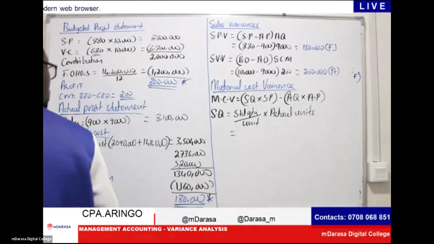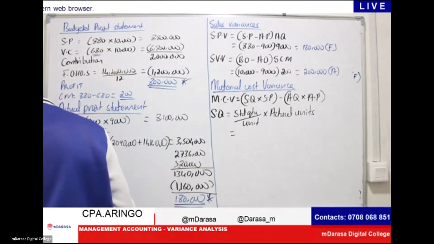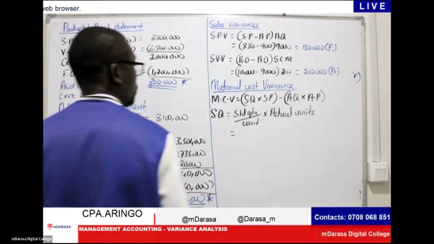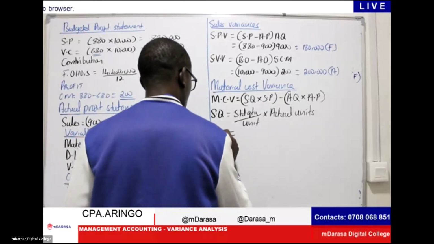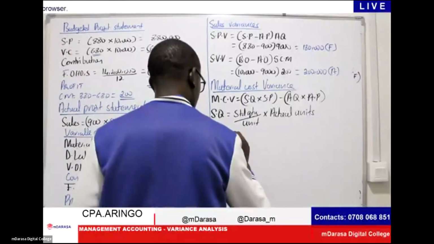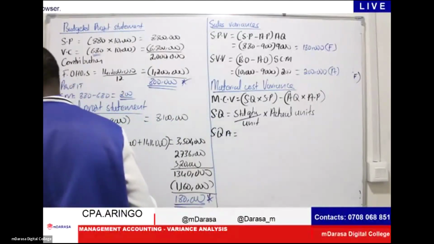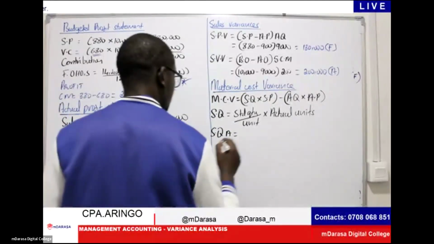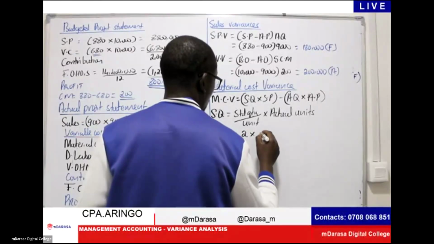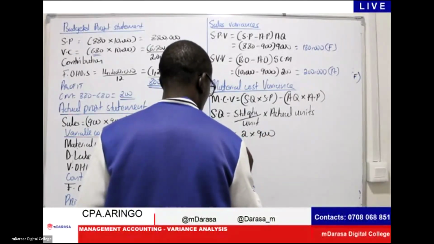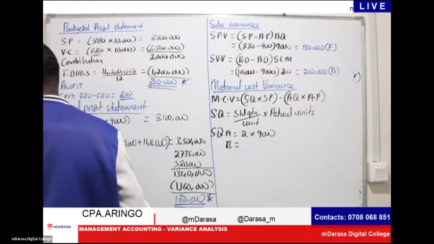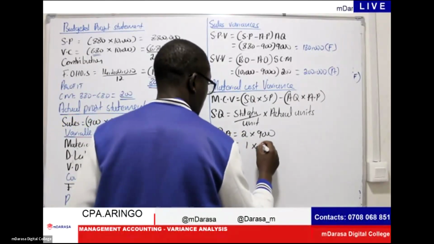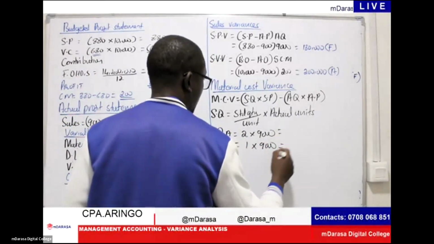Based on our question, we can clearly see you're given the two materials, A and B. So we start with SQ for material A. We consider a value of 2 kgs times actual units 9,000, and for material B, you have 1 liter times 9,000, determining our SQ.